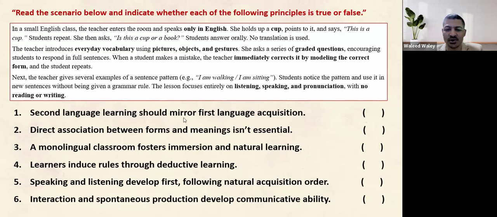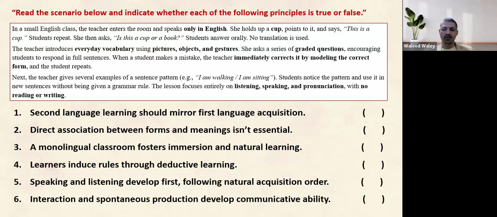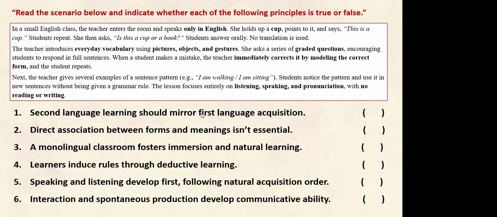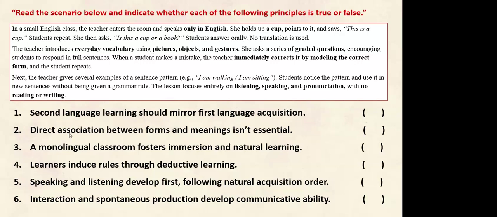Second language learning should mirror first language acquisition. Correct. True. But why is it correct? Because the teacher is showing them pictures and images, and they knew those words in the first language.